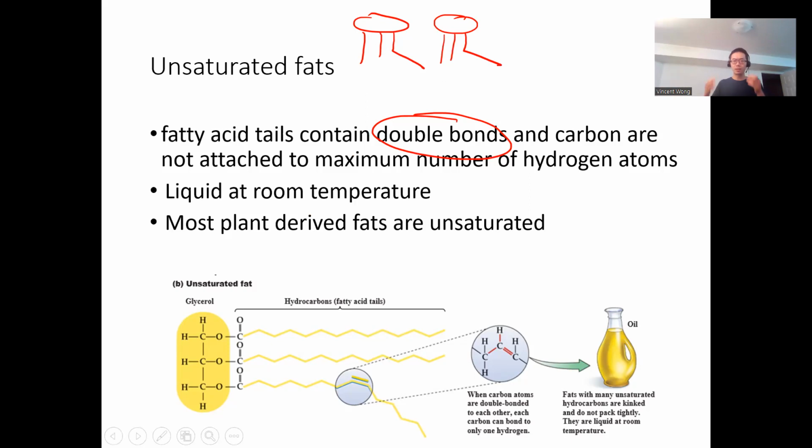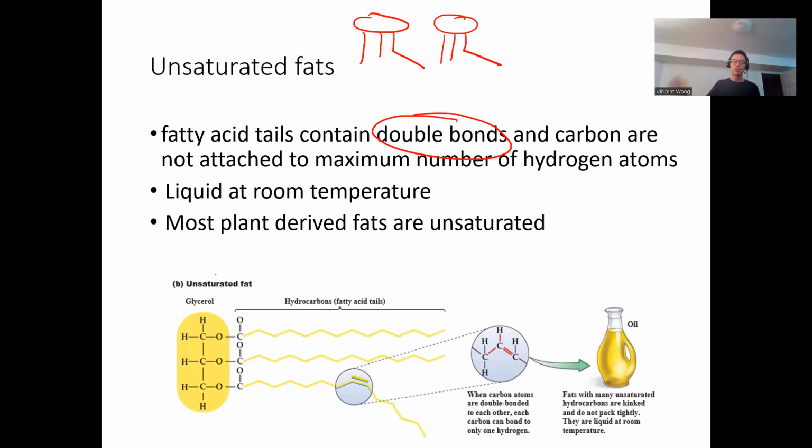Imagine lining up, but you're sticking your arms out and your feet out, and people can't really get close to you. If the molecules are not getting close to each other, they would not pack into a solid. So for that reason, unsaturated fat tends to be liquid at room temperature. They also don't pack as easily in the body, which is why they're a little bit healthier.